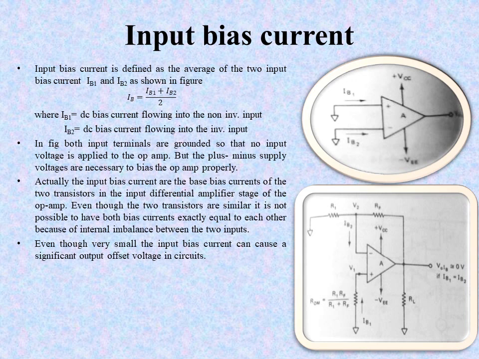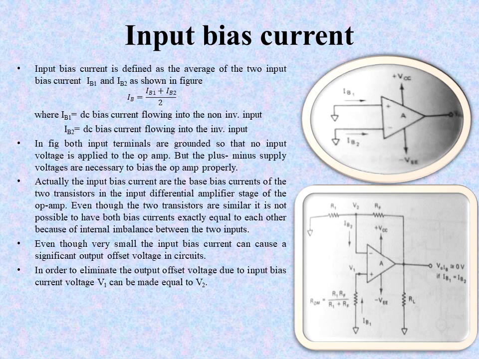So although this input bias current is very small, it generates a very high output offset voltage in the circuits. So it is necessary to eliminate it or reduce it.